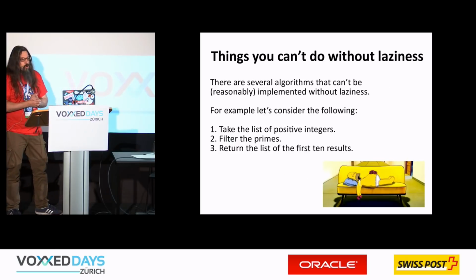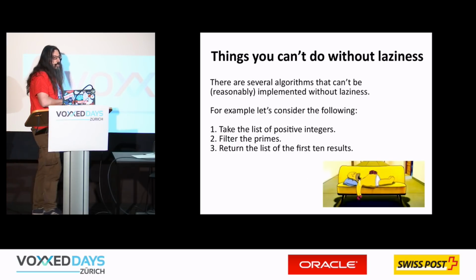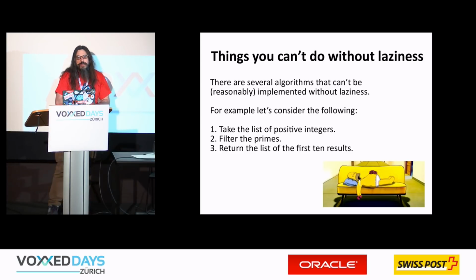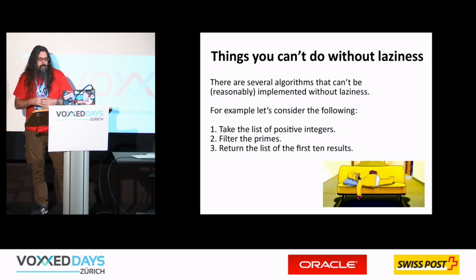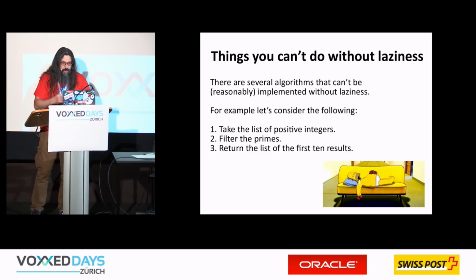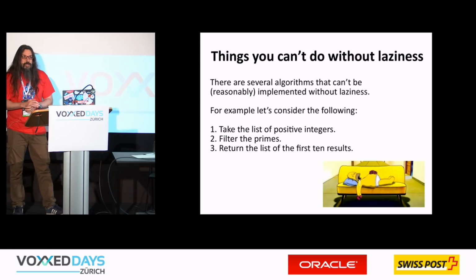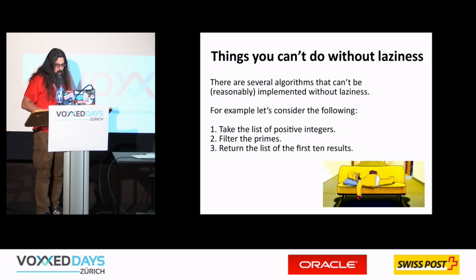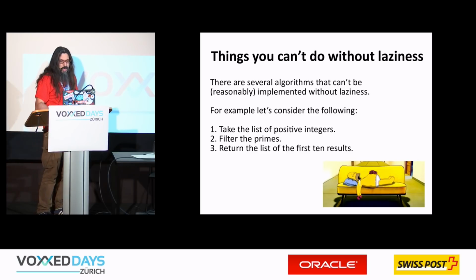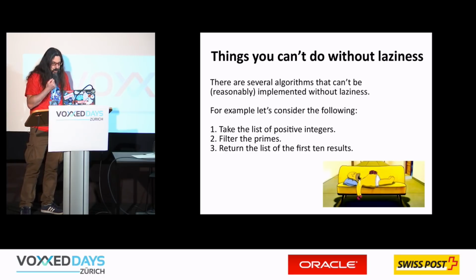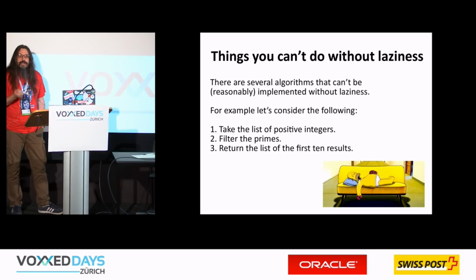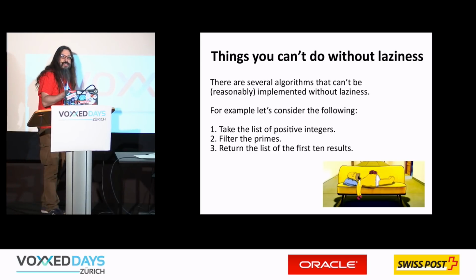And of course, there are things that you can do much more elegantly if you use laziness. So let's suppose that we have a list of the positive integers, and we want to filter only the prime numbers, and we want to take only the first n results. The algorithm explained in a declarative way, in a functional way, is exactly as I said.